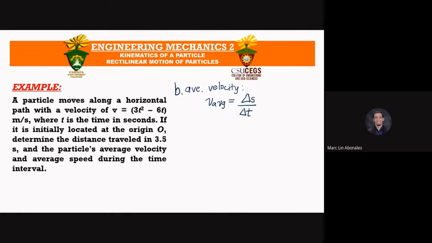The same with the time. Final time minus the initial time. So for the average velocity, that will be SF, which indicates the final position, minus the initial position, or SI. Then for the time, TF minus TI.